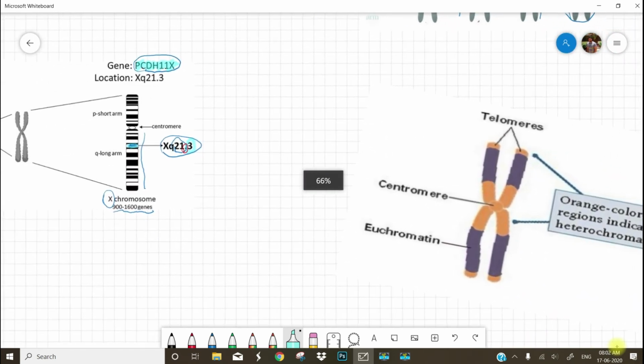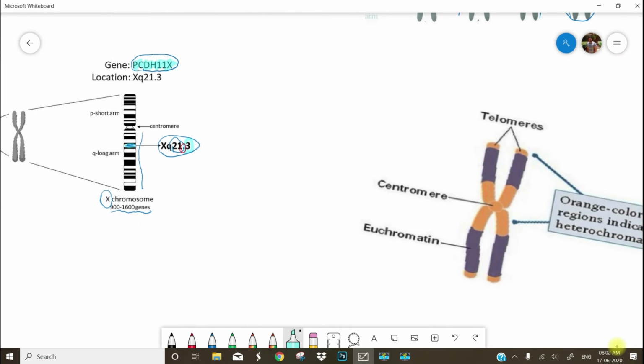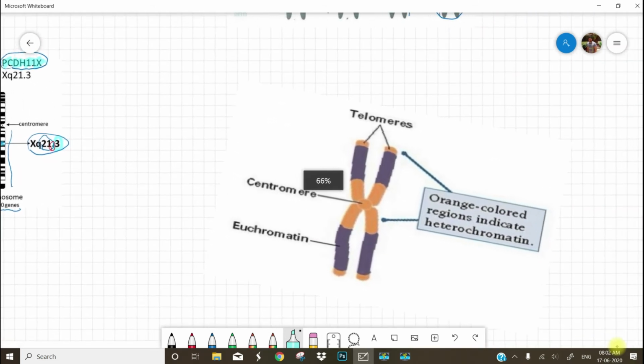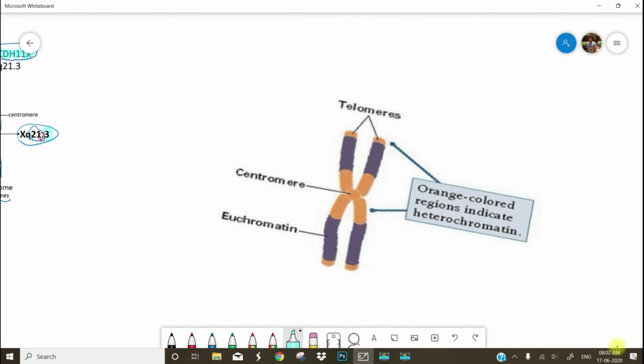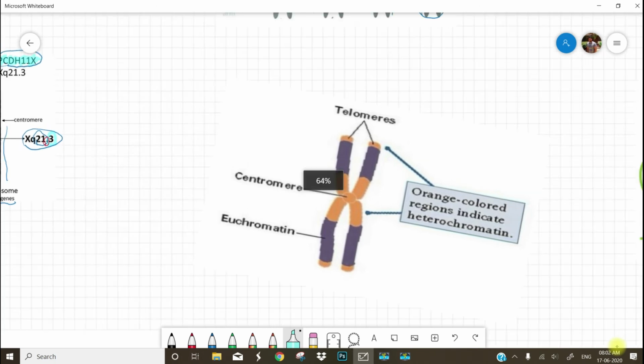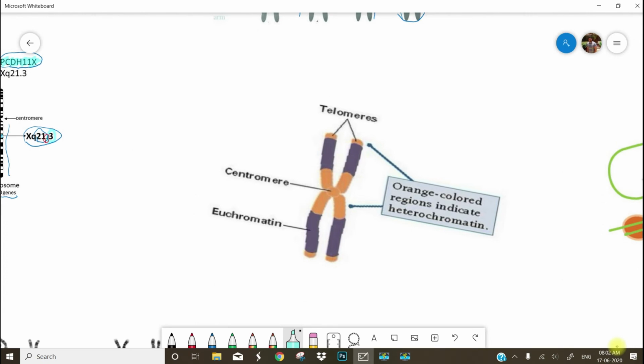Now listen, the entire chromosome cannot stain uniformly. There will be some difference. I'll show you what the difference is. Some regions stain darker and some regions stain lighter. What does that signify? In this image you can see the darkly stained region and also a lightly stained region.